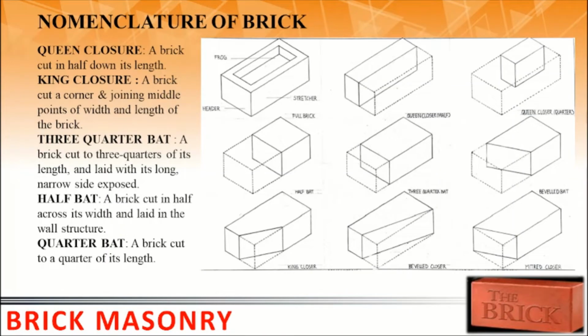Now, as I told you, 230 mm by 115 mm by 75 mm. If you can see this image, this face is known as stretcher. So the size of the brick along this stretcher side is 230 mm.